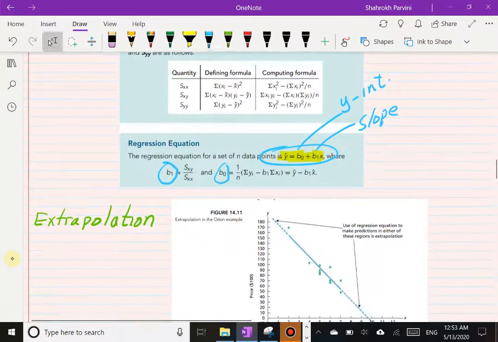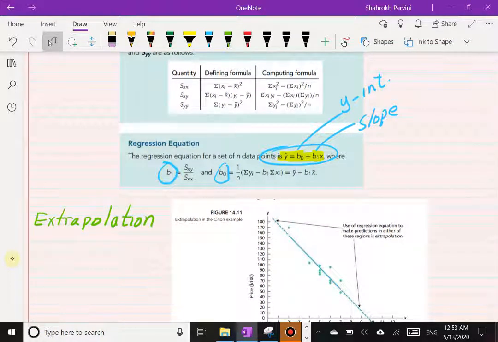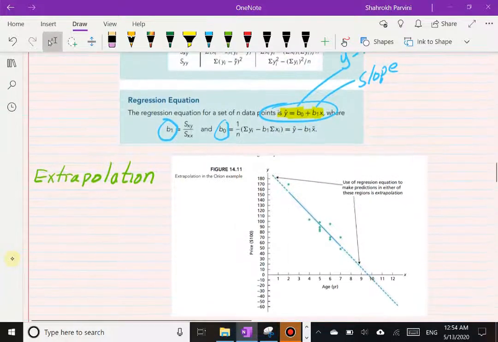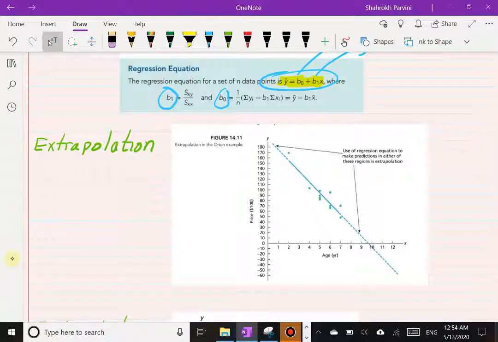Now, a few things before we actually go through an example, and I'll show you how to do this in StatCrunch. In this section, they talk about extrapolation. When you extrapolate, it means you go beyond the limits of your data. In this case, more specifically, you go beyond the domain of the equation. So what are we talking about here?